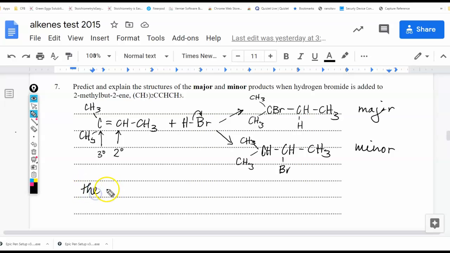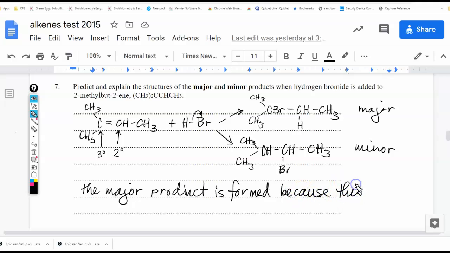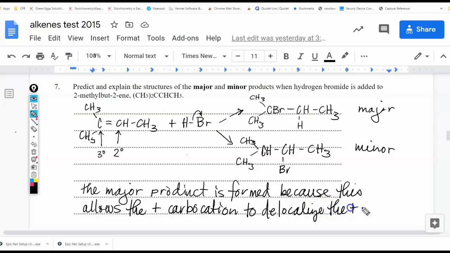The major product is formed because this allows the positive carbocation to delocalize the positive charge over more carbons.